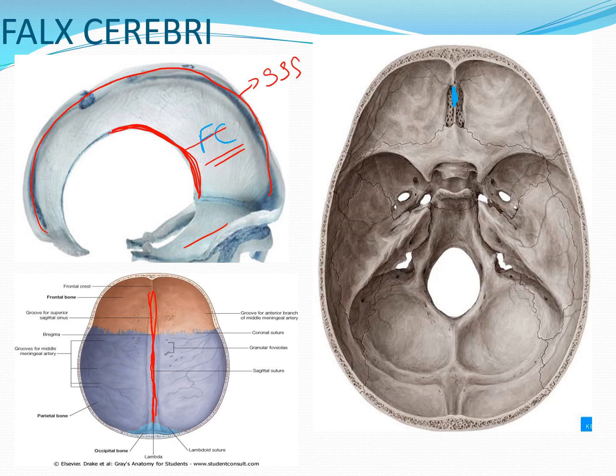To the posterior two-thirds of the inferior concave free margin, we have the inferior sagittal sinus. At the junction where the falx cerebri attaches to the tentorium cerebelli, there is the straight sinus. So this sinus here is called the straight sinus. So that was about the falx cerebri.